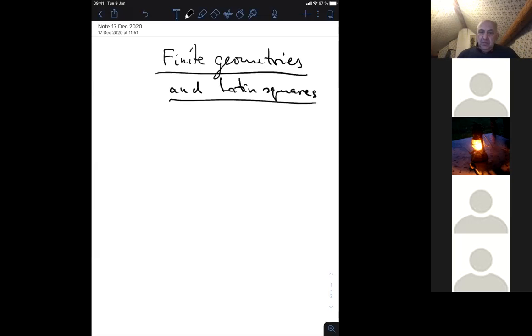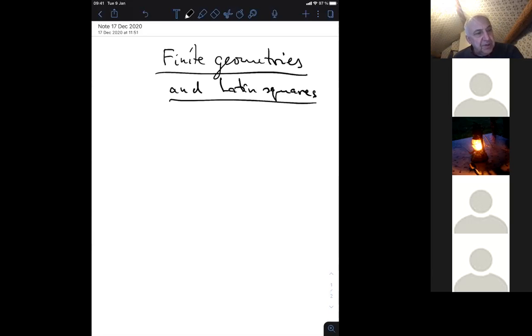It's related to the so-called finite fields, and also to Latin squares. Maybe you have heard about those. It's a nice matrix gadget, which kind of resembles Sudoku, in fact. Okay, so I start, I hope you see my screen and you hear me.